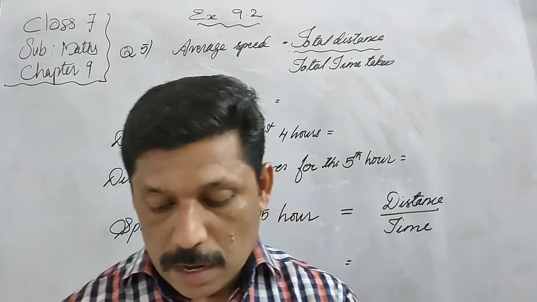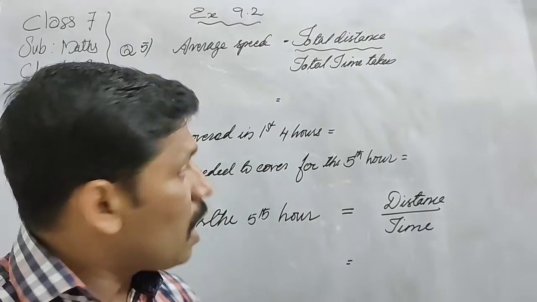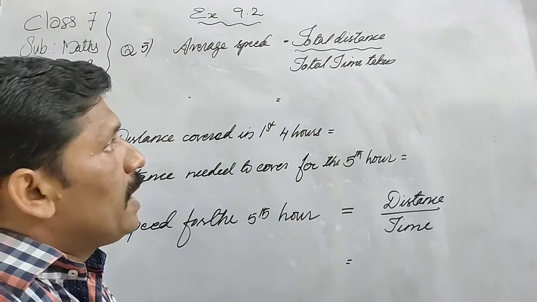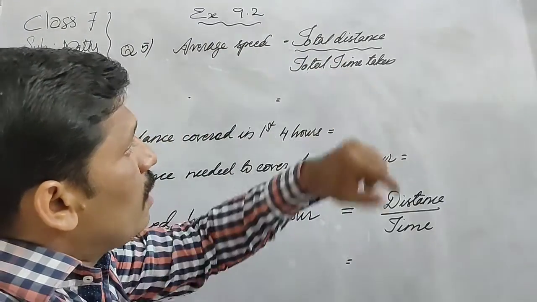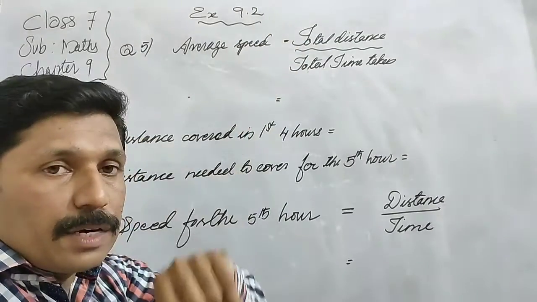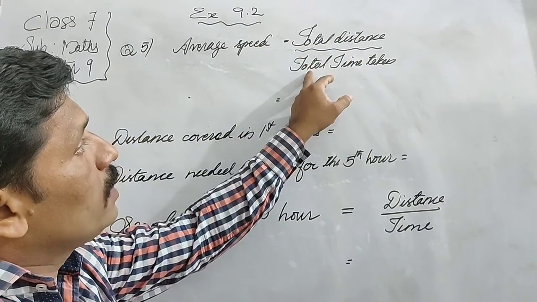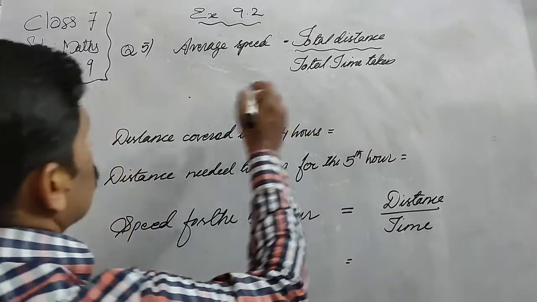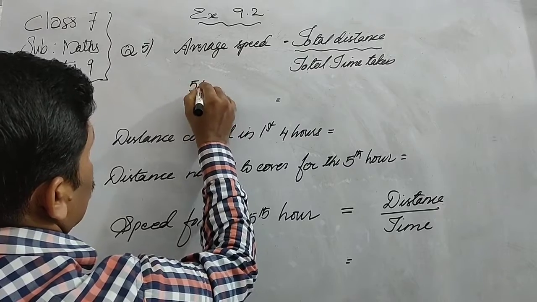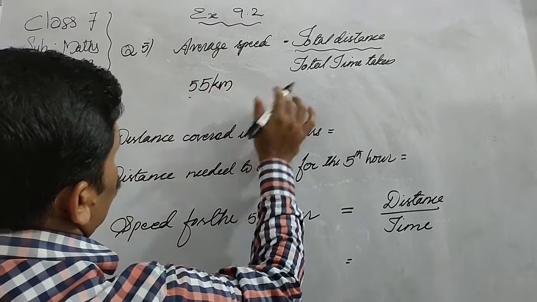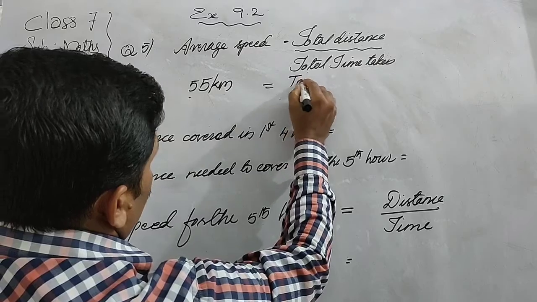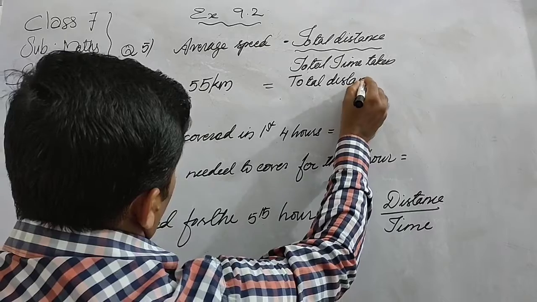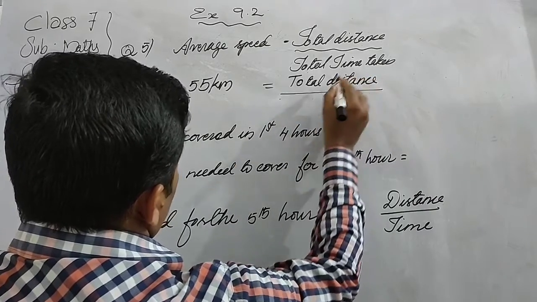So here, students, the average speed is given. Average speed is equal to total distance divided by total time taken. Total time taken is 5 hours, and average speed is 55 km per hour. Using these two, we can find the total distance traveled. Average speed 55 km per hour is equal to total distance divided by 5 hours.